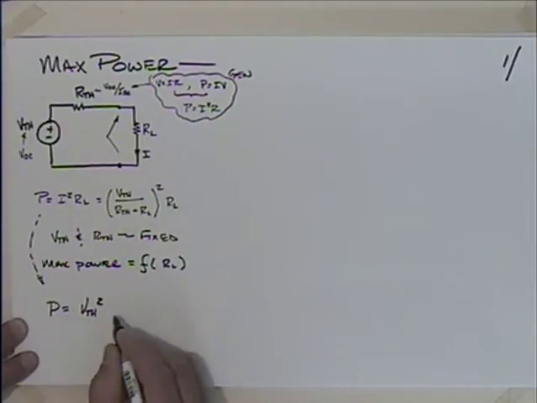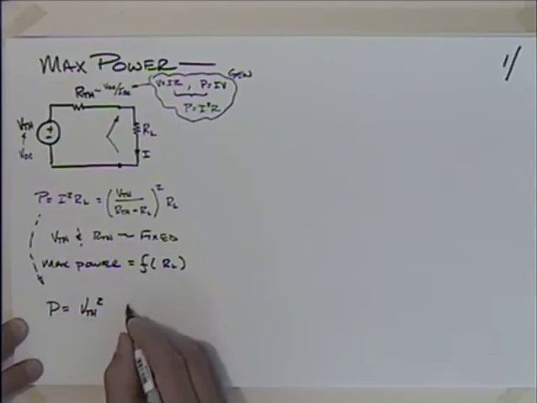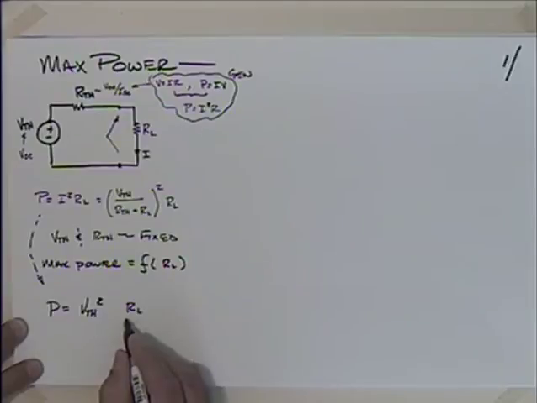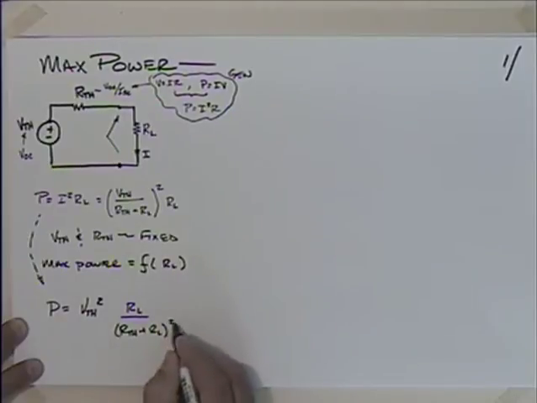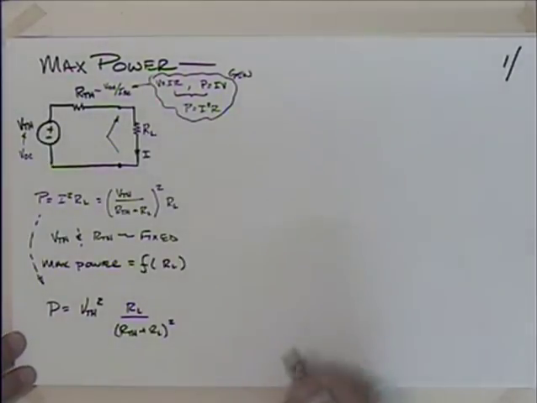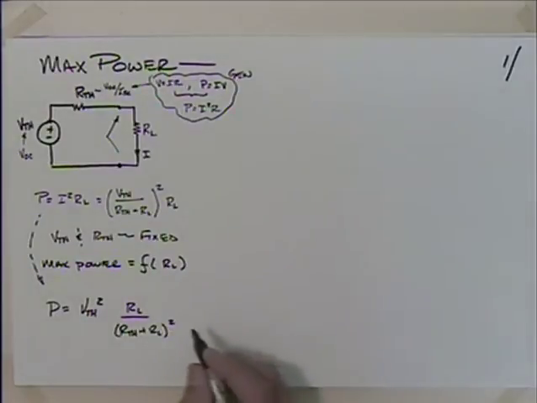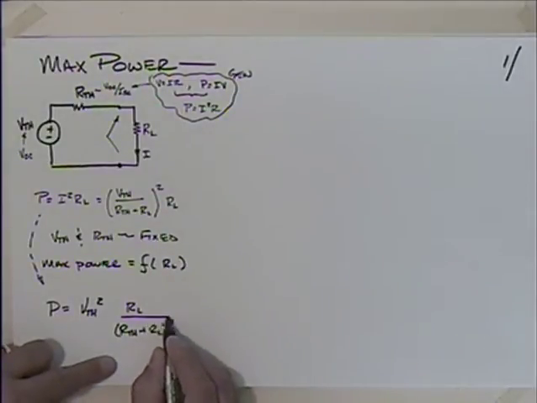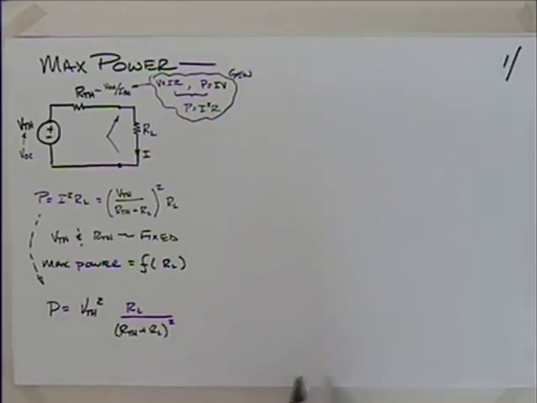We recognize that as fixed. And then I've got this term RL, it's not squared, divided by R Thevenin plus RL, and that is squared. Is that right? Yes, that's good. So what we'd like to do then is, and that's a squared, there we go, squared.